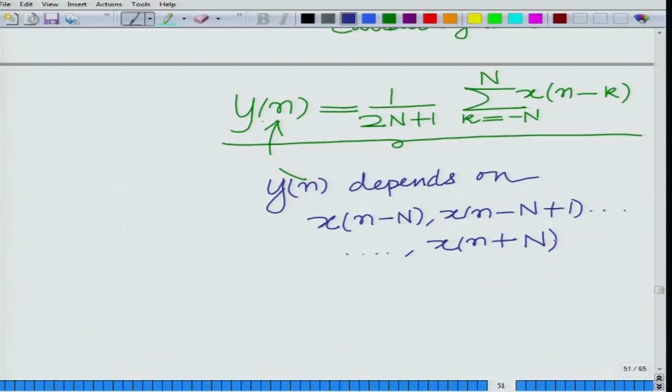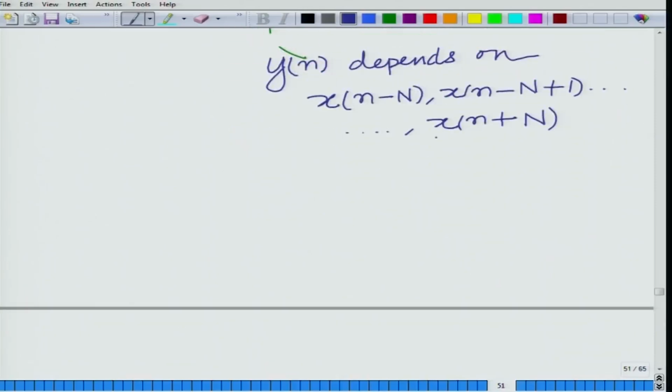So it also depends on the future values of x[n], that is the whole point.